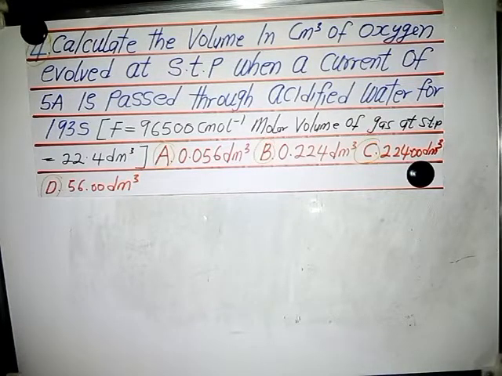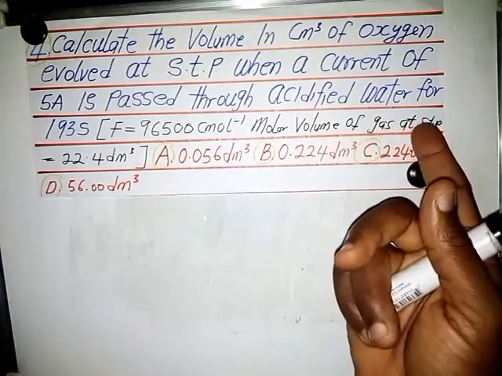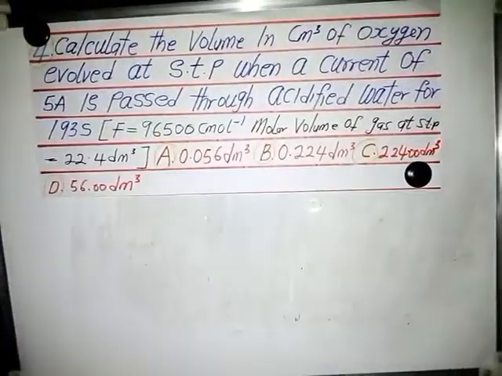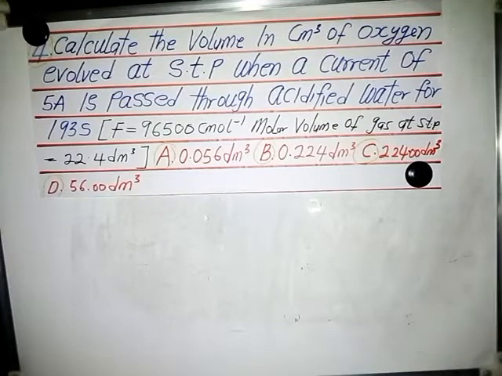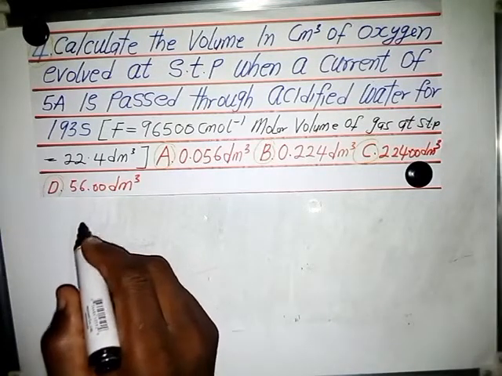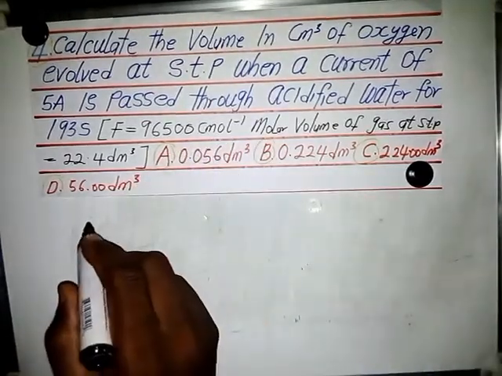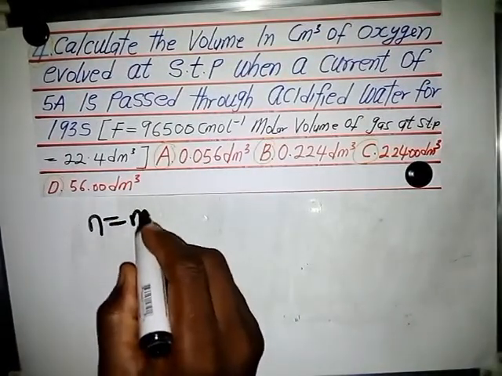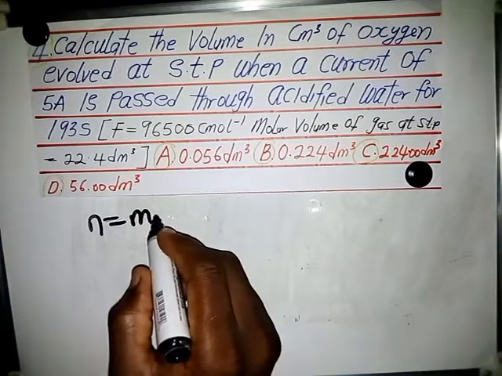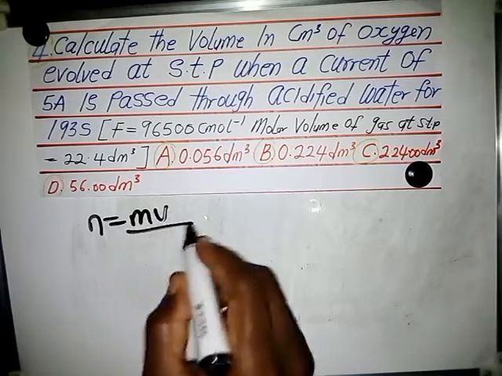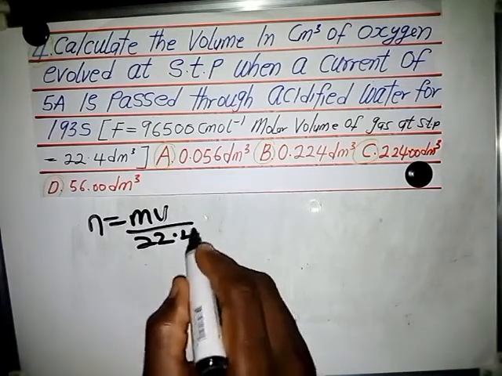Here, they ask to calculate the volume in cm cube of oxygen evolved at STP when a current of 5A is passed through acidified water for 193 seconds. We're given the molar volume of gas at STP as 22.4. For this question, we will need the formula: amount in mole equals the volume of gas over 22.4.